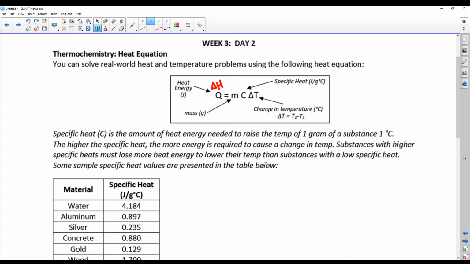Now, for your purposes, heat energy is not something that you necessarily think about unless you're looking at how much heat energy you have consumed or used during a day to be able to function.